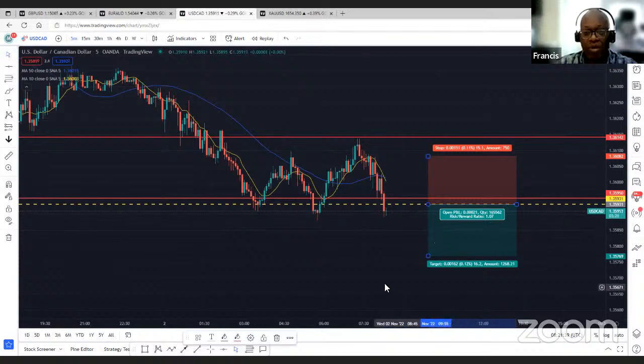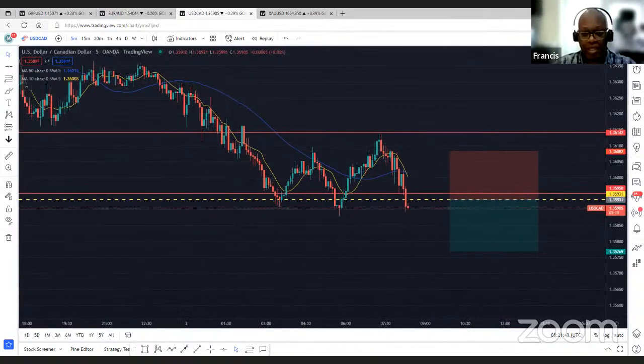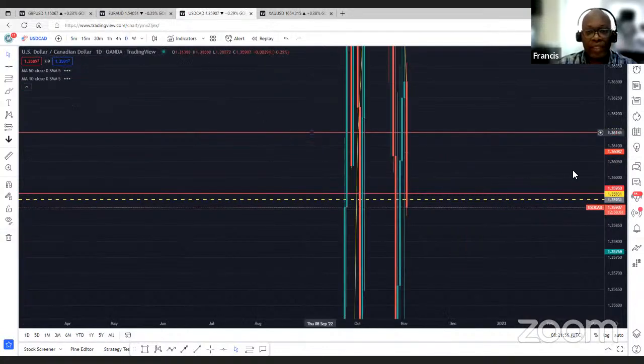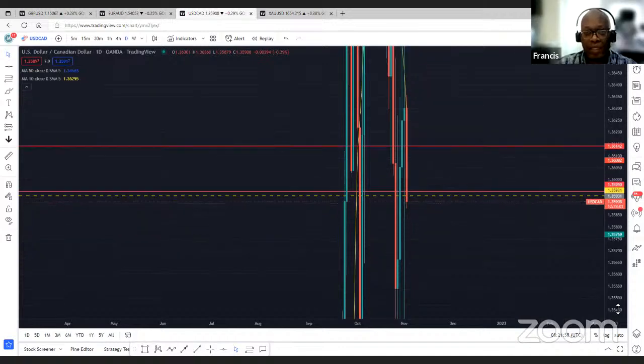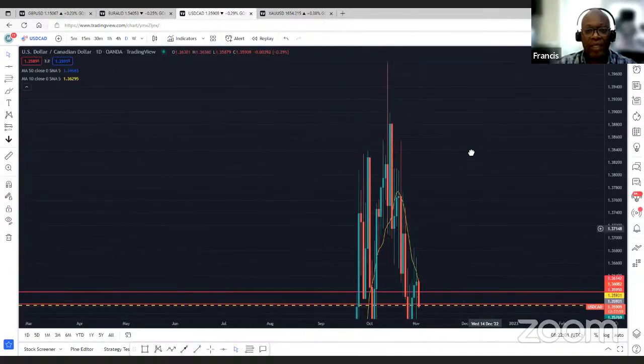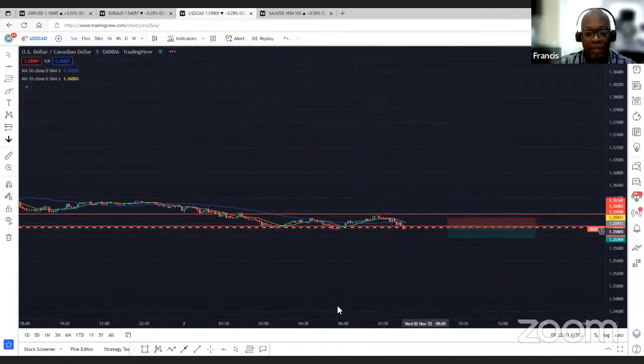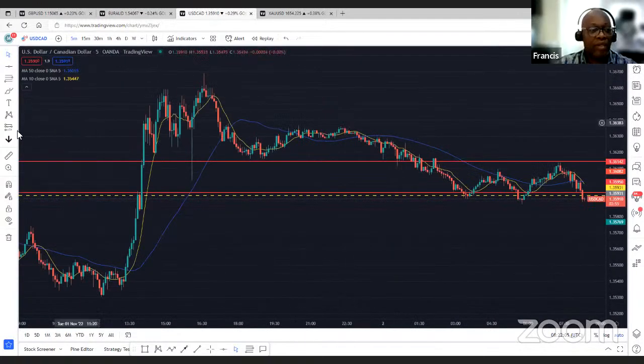It's going to be a one-to-one risk. I haven't entered yet, but this is the one that is looking interesting to me. USD CAD. Let's mark it up there so you know exactly what this is. Okay, so that's USD CAD.